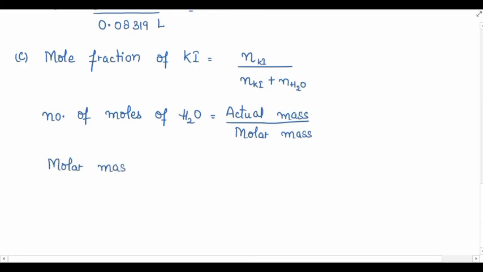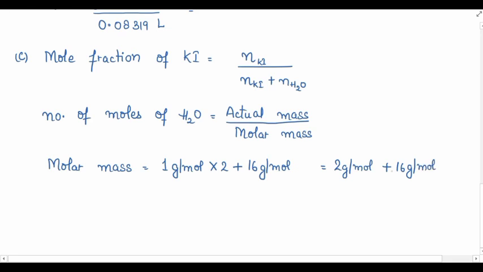The molar mass of water is 2 into 1 plus 16, which means 18. So 1 gram into 2, because the number of hydrogen atoms is 2, plus 16 gram of oxygen. Now the total molar mass of water is 2 plus 16 equal to 18 gram per mole. The molar mass of water is 18 gram per mole.